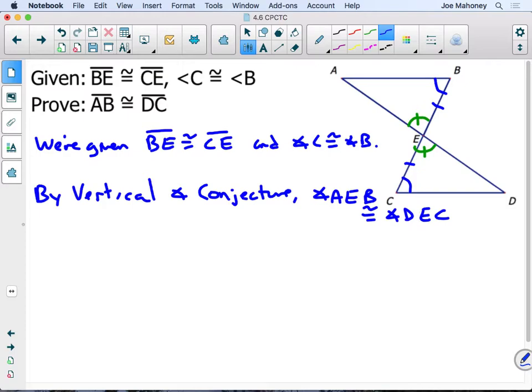Again, we say what's congruent, and we justify it with a reason, like a conjecture. And with bow tie diagrams, you want to look for those.